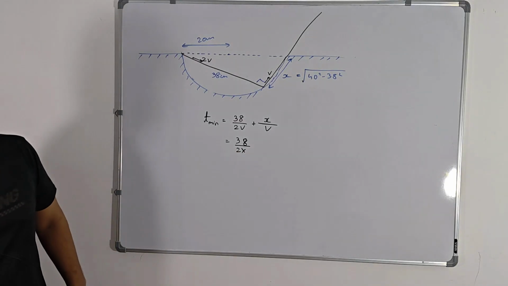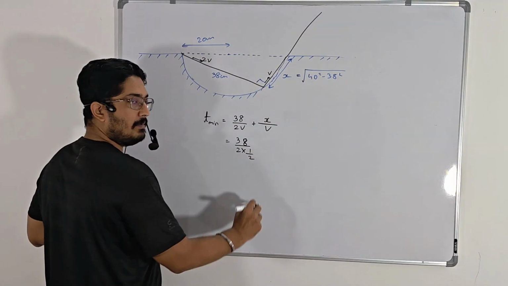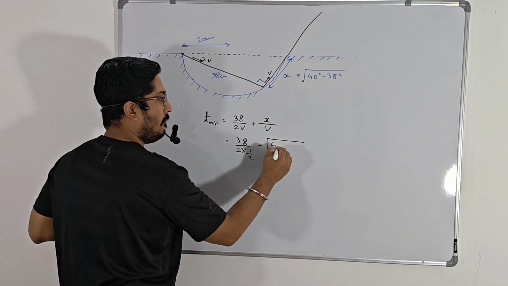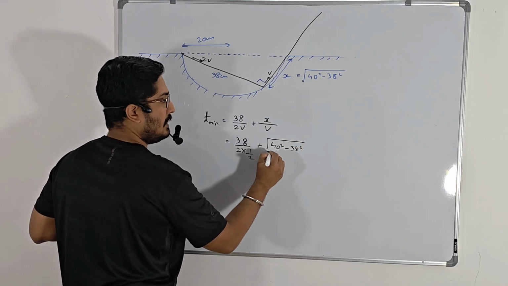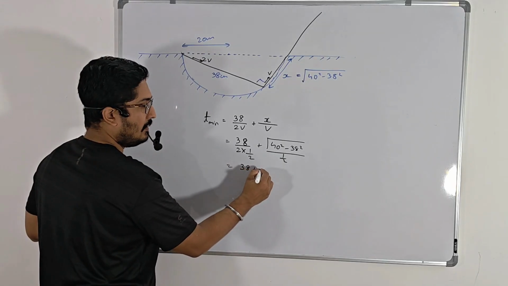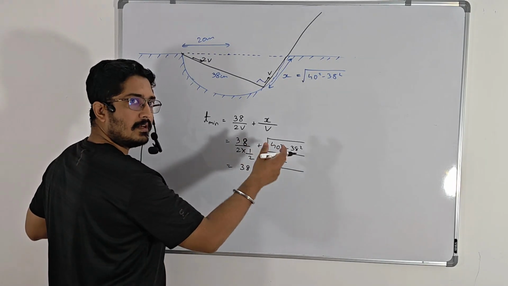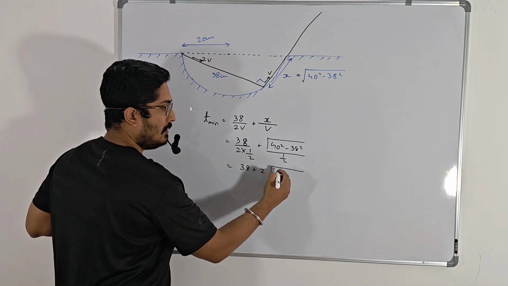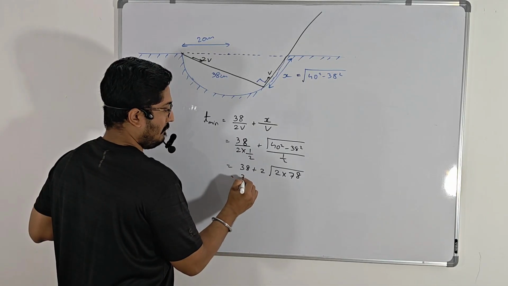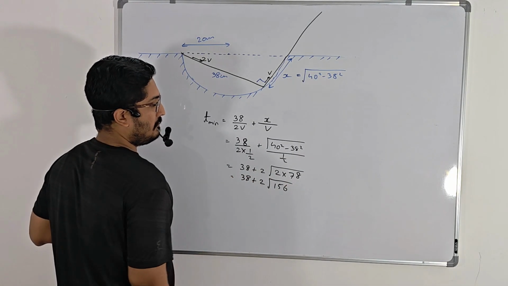What's the speed of the ant they give? 0.5 centimeters, so that means it's basically 1 by 2 centimeter per second, plus x, which can be written as the square root of 40 square minus 38 square, divided by v, which is again 1 by 2. So this would give me 38 plus 2 times the root of, I can use the formula a square minus b square, a plus b into a minus b. So I'll get 2 into the addition, which gives 78. So this should give me 38 plus 2 times the root of 156.